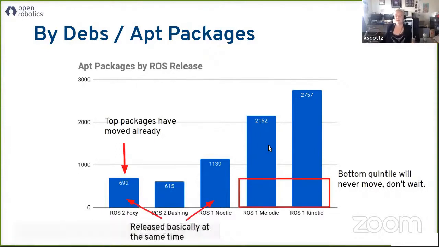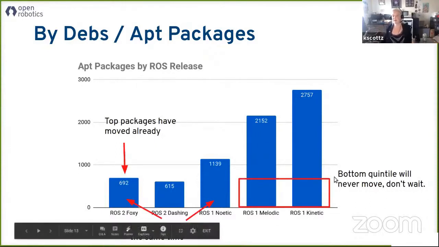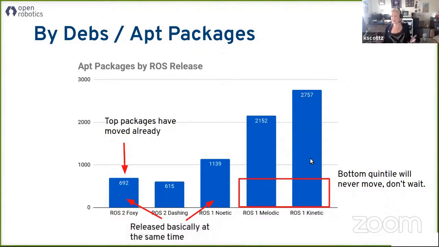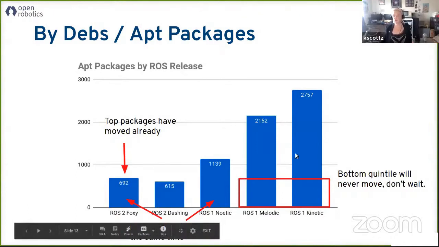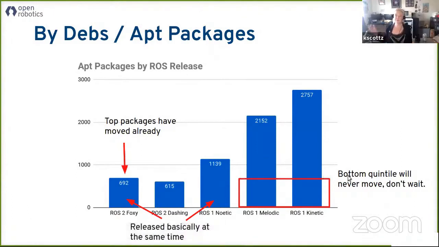The first thing to note is that most likely there's a Pareto distribution on the use of different ROS packages, and the top 20% of ROS packages are used in 80% of the systems. Concurrently, the bottom quintile of packages are effectively abandoned, graduate student projects that didn't go anywhere, or startups that went out of business.